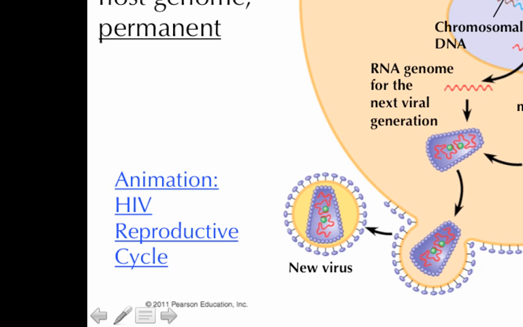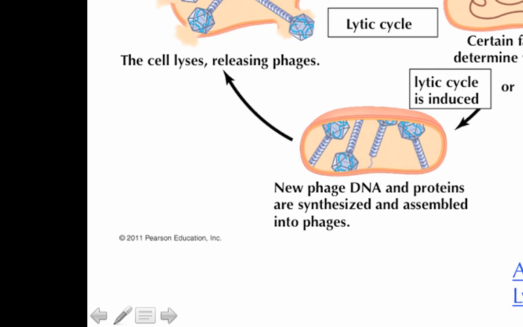into the nucleus. And this is where a large problem comes, is that it ends up integrating into the nucleus. It's into the genome of the animal cell. It's called a provirus at that point. Now remember, this is a prophage when the phage genome integrated into the bacterial genome.